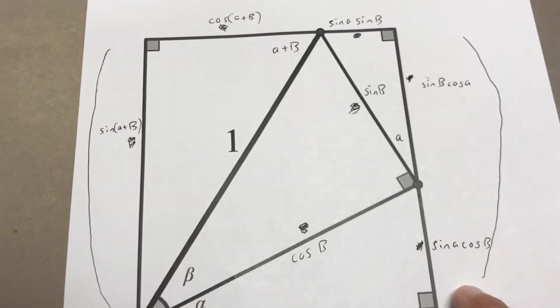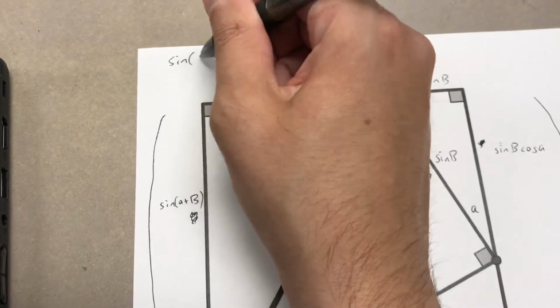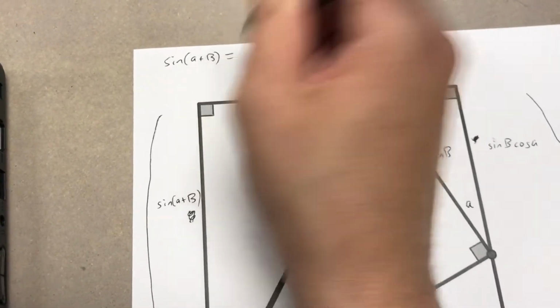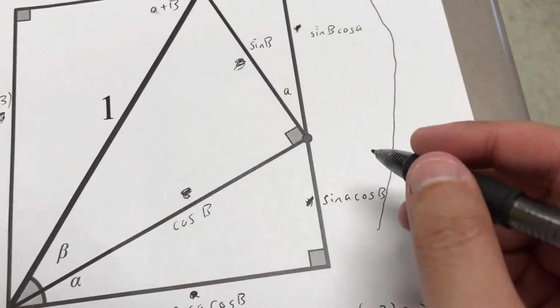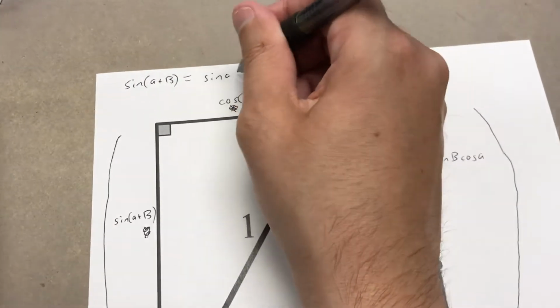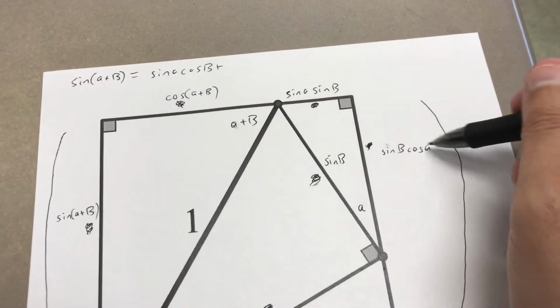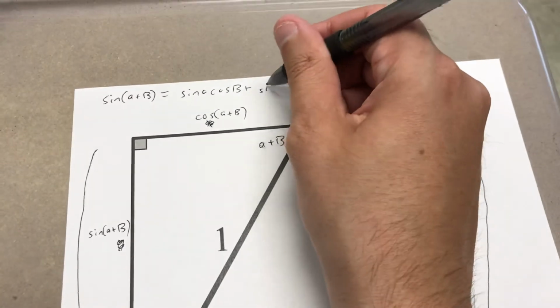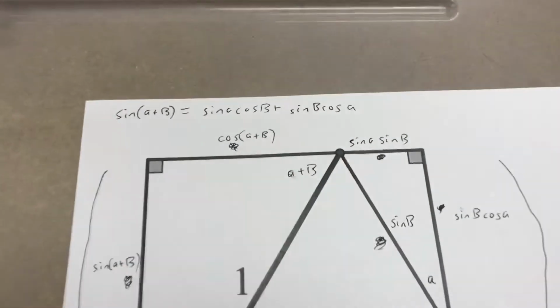So what you can see here is that the sine of alpha plus beta, this whole side length over here, is going to be equal to the sine of alpha cosine of beta plus the sine of beta cosine of alpha, okay?